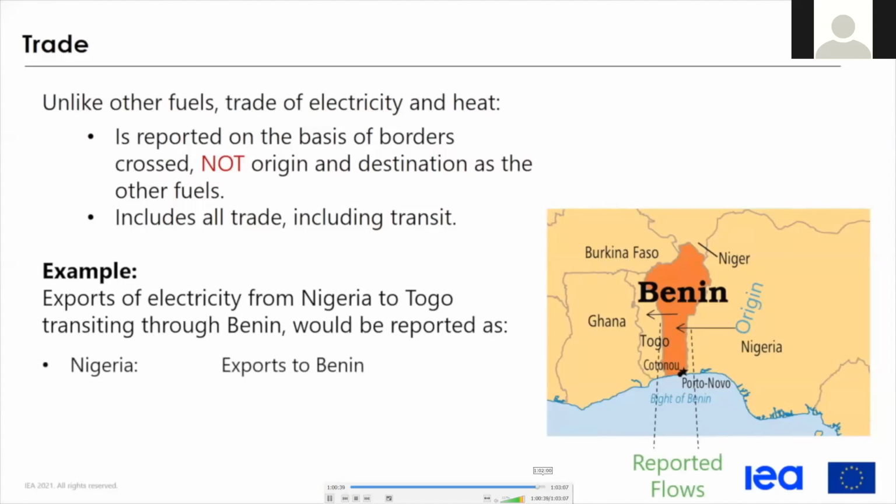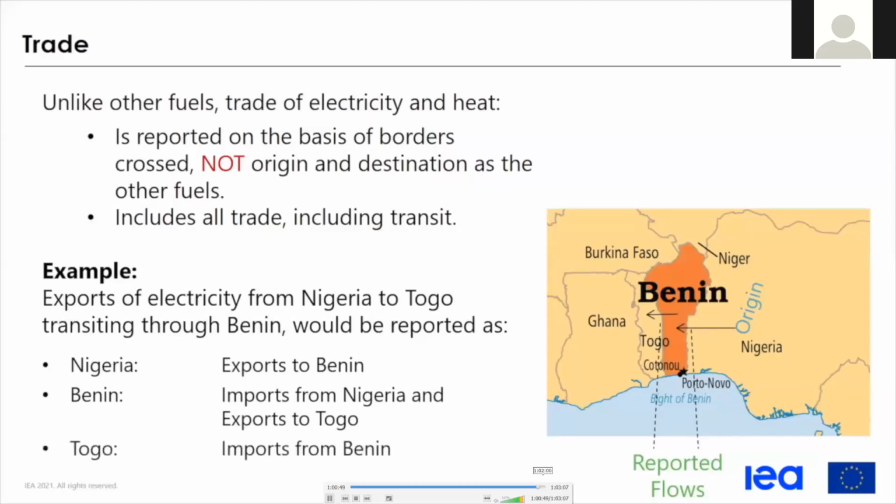Nigeria would report exports toward Benin. Benin would report imports from Nigeria and the same value exported towards Togo. And Togo would report the import from Benin. So here, for electricity, this is the only part where in our methodology we report the transit of flows.